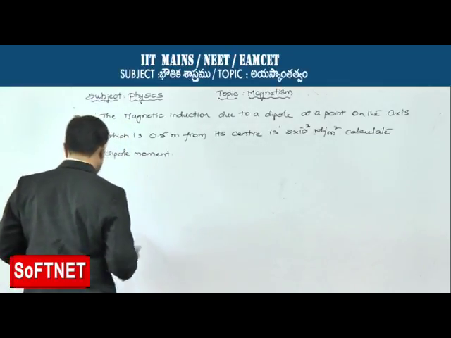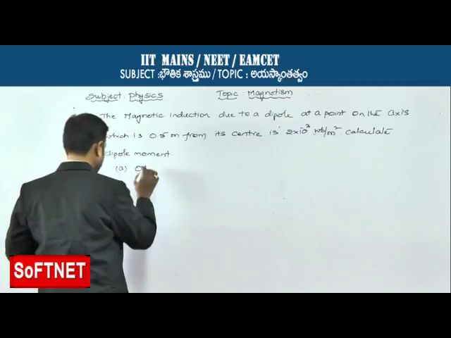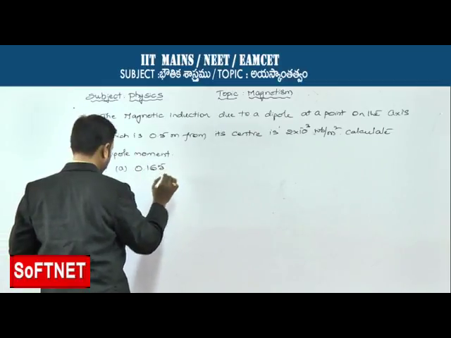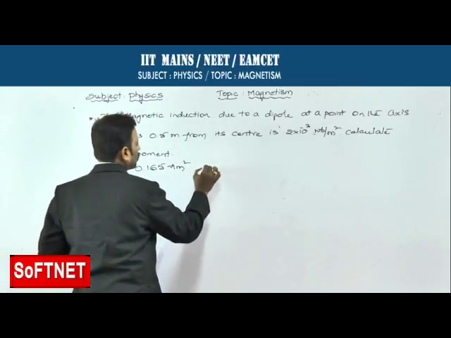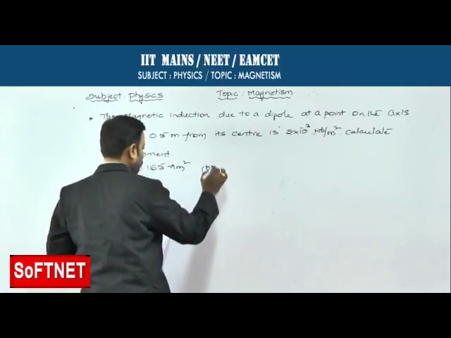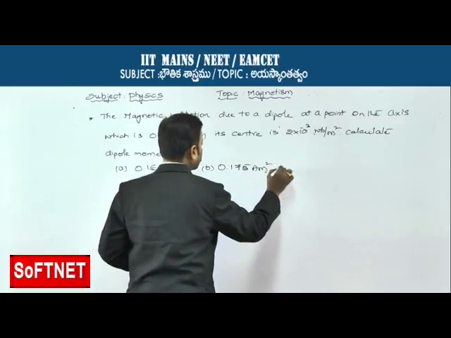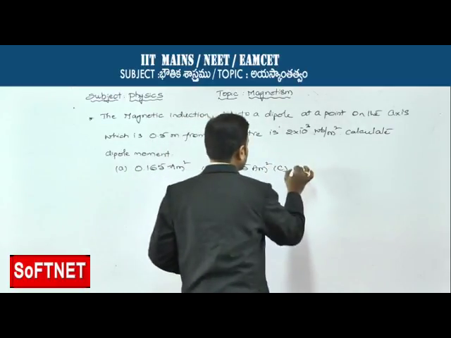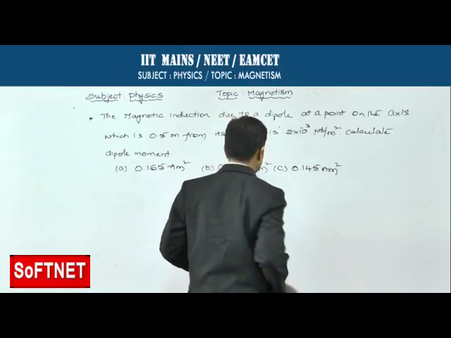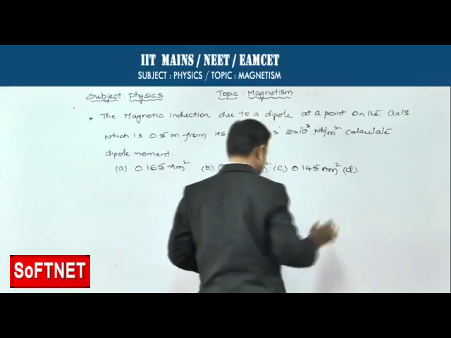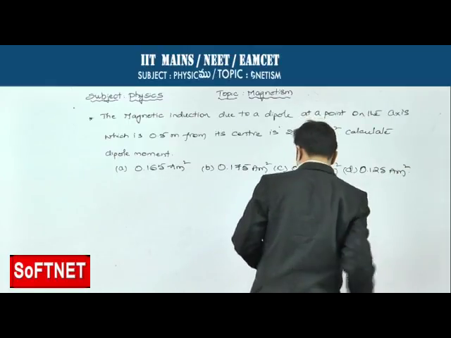The given options are: first one, 0.165 ampere meter square; second one, 0.175 ampere meter square; third one, 0.145 ampere meter square; and the last option is 0.125 ampere meter square.